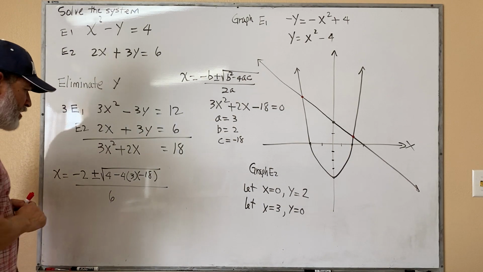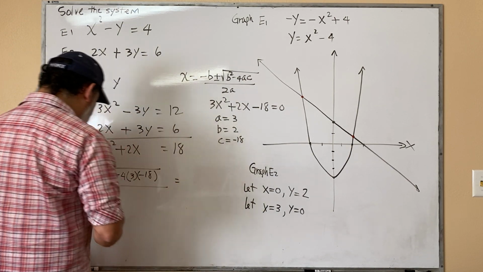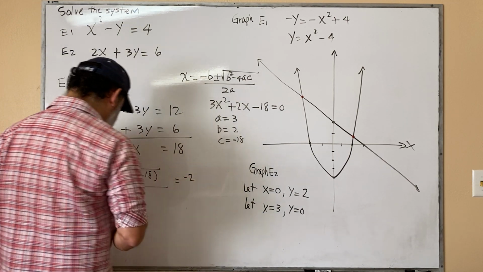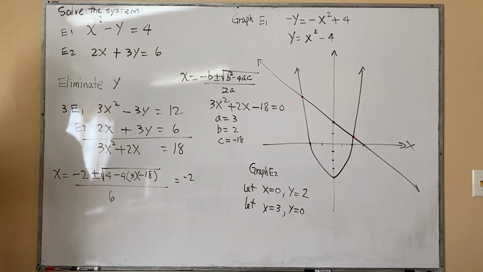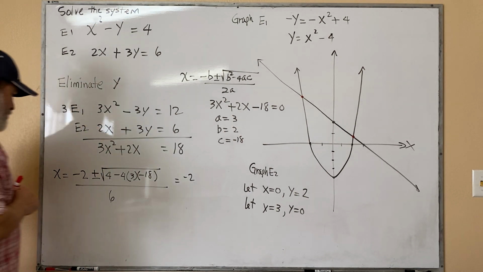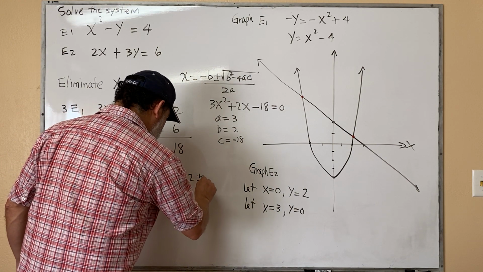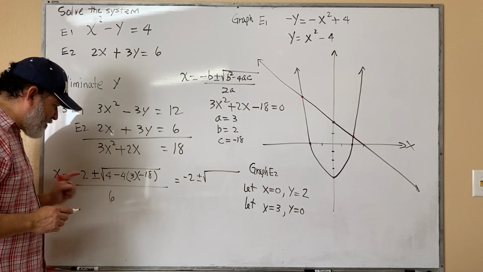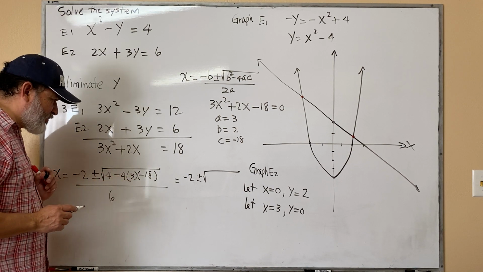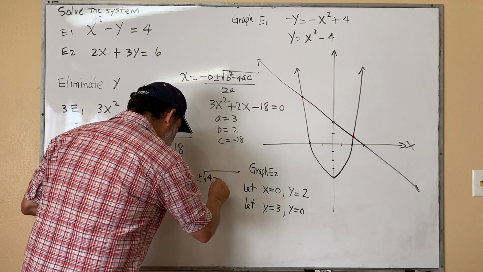Okay, so this one here is going to be the following: negative 2 plus minus the square root of 4 plus, right? Because a negative times a negative is positive.